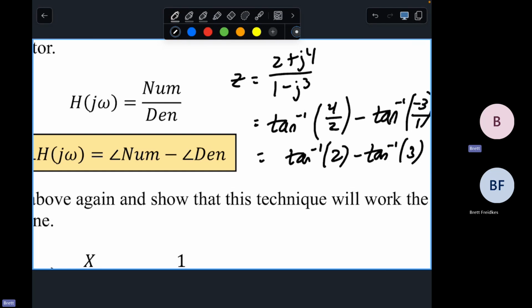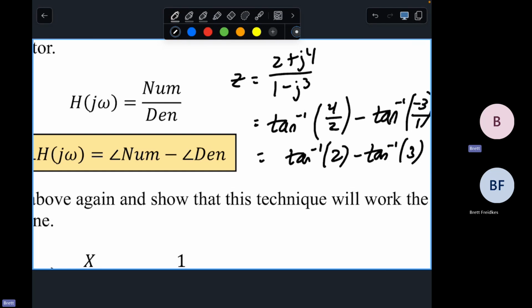Is that okay? Without a calculator, what's the arctangent of 2? No, I'm kidding. You guys can't. I can't do that either. No, you could do the phase thing, but you should. I expect you to know your common values: 0, pi over 2, pi, like the 4 things on the unit circle. I expect you to know how to do that.